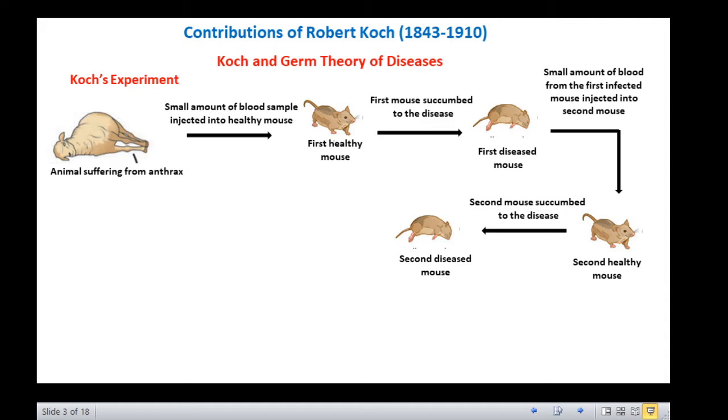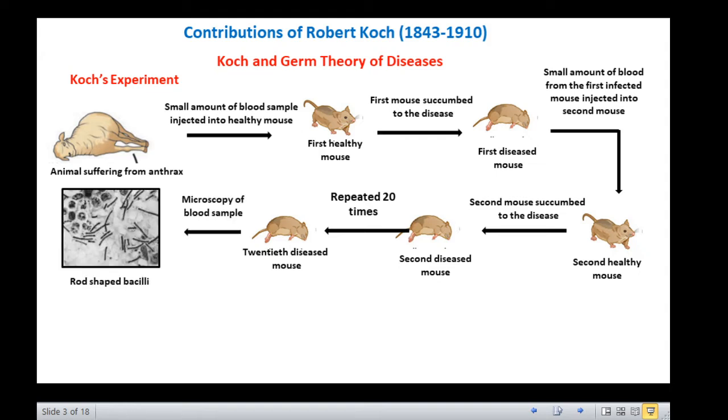He repeated this process as many as 20 times and proved that the bacteria did indeed cause anthrax. The 20th mouse died as fast as the first, and in each case, Koch could demonstrate the rod-shaped bacteria by microscopy.